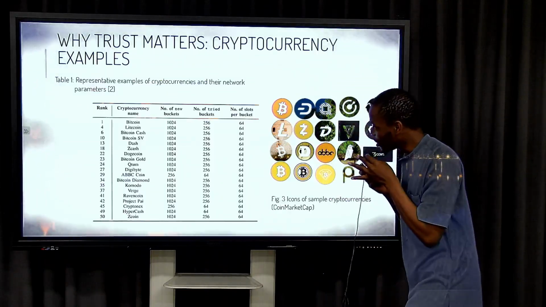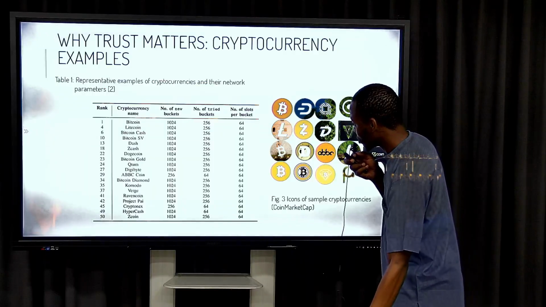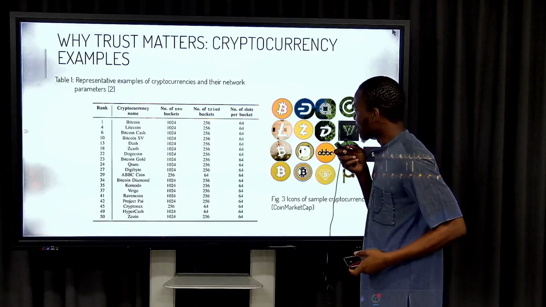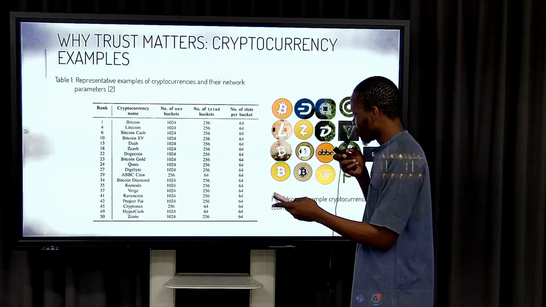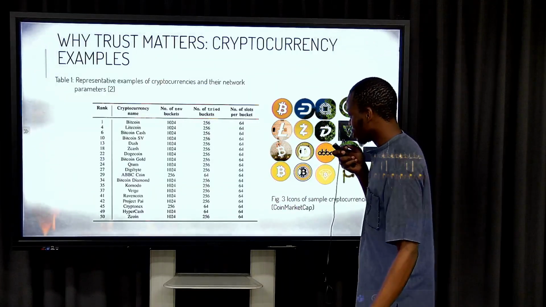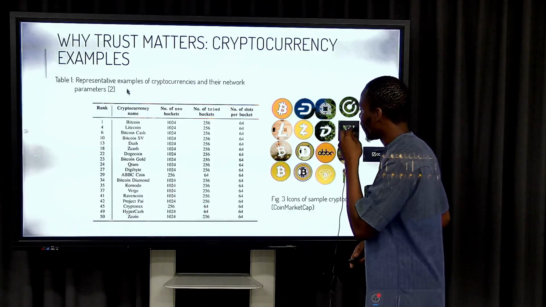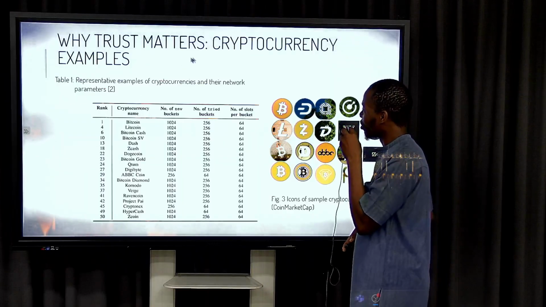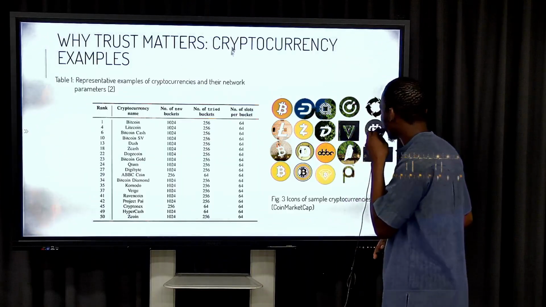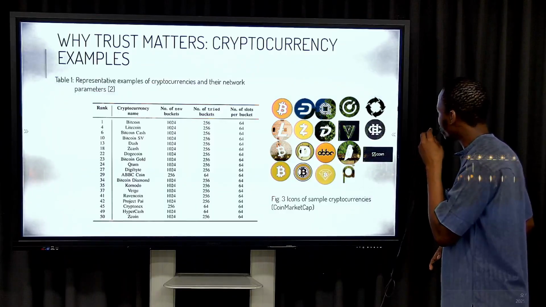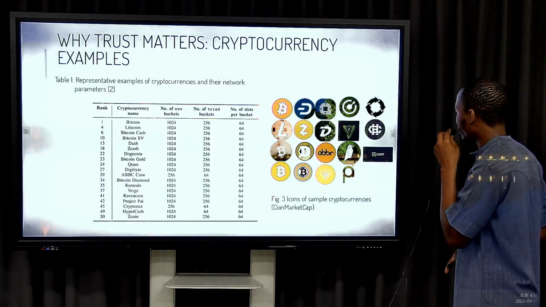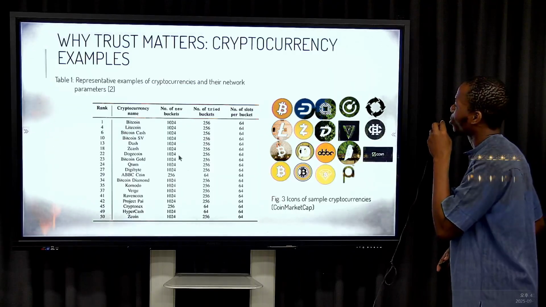Next, we still have to look at other cryptocurrencies that we have. We can see we have many like Bitcoin, Litecoin, Bitcoin Cash, Zcoin, Zcash, and so on and so forth. So based on this, we have at least 5,000 different types of cryptocurrencies. As you can see on the right-hand side, these are their logos as gotten from CoinMarketCap.